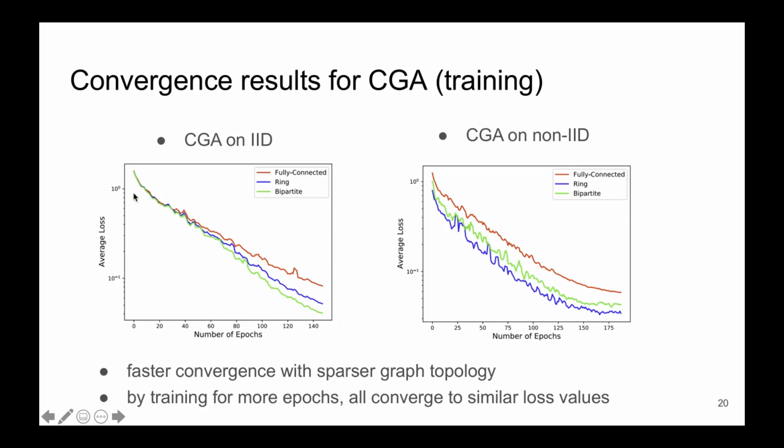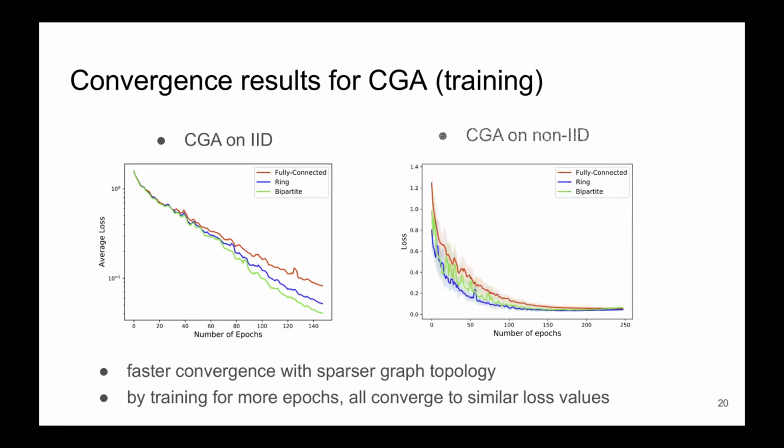But this result is weird. For example, in the left figure, the fully connected has the most connected topology. Usually you should have a faster convergence speed because you are more connected. I think you need more epochs to be more accurate.